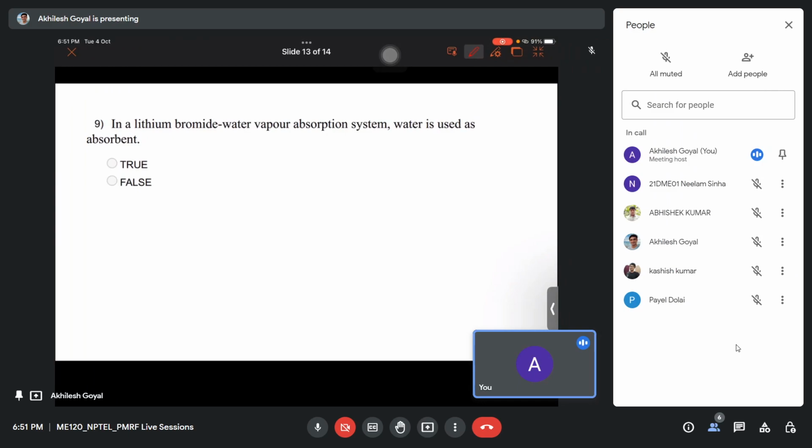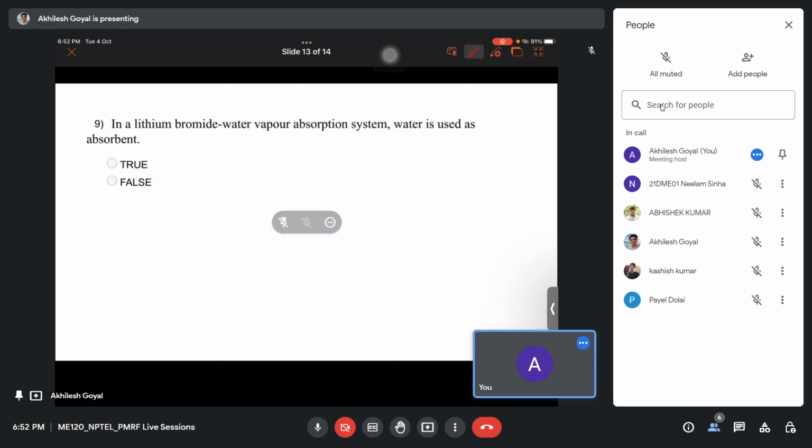So lithium bromide water vapor absorption system, water is used as absorbent or refrigerant. Anyone? Neelam, True, Abhishek. What, Kashish? It is true statement, sir. Anyone else? Neelam or Payal or Abhishek?